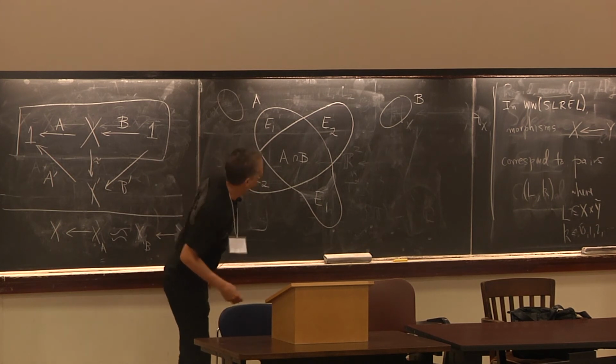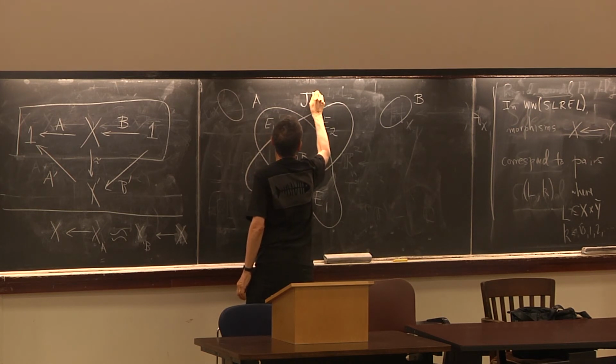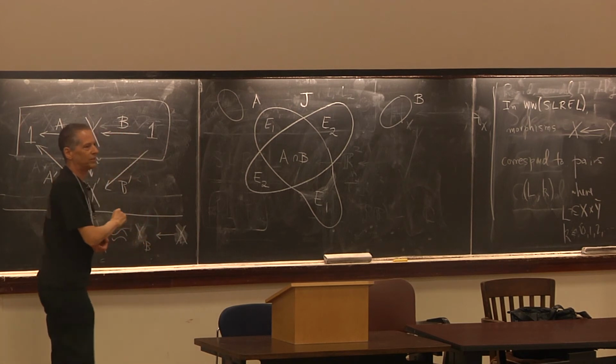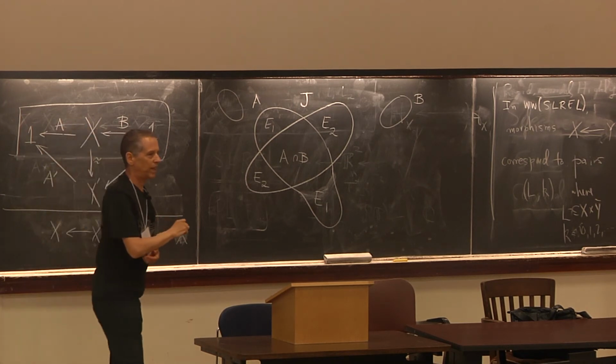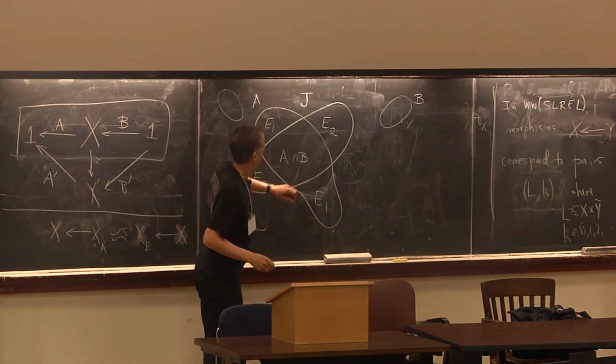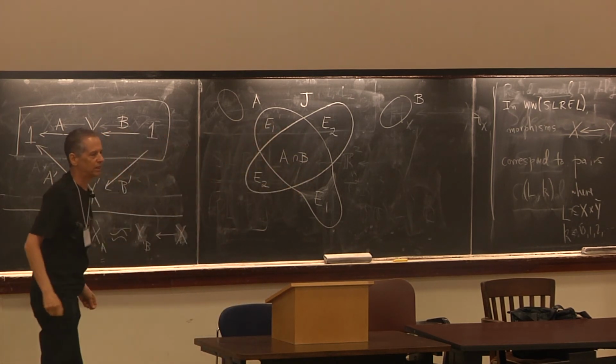I could call that J. So there are 4 numerical invariants for a pair of intersecting subspaces in a vector space.